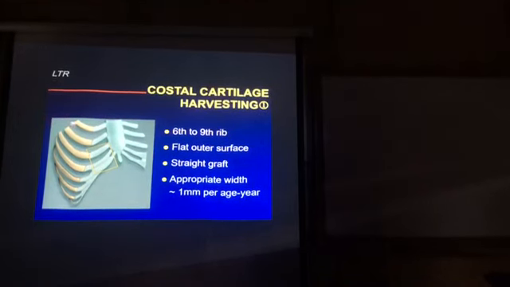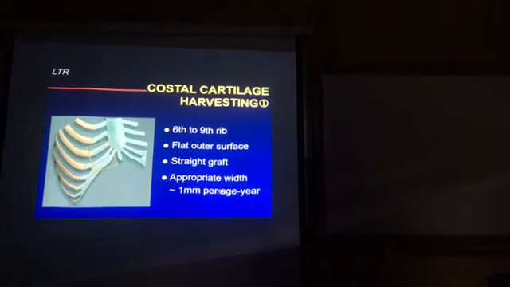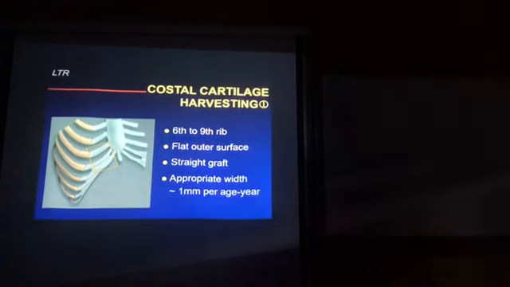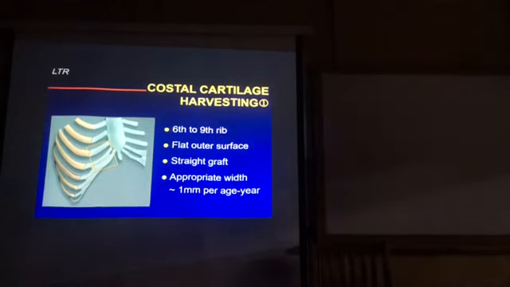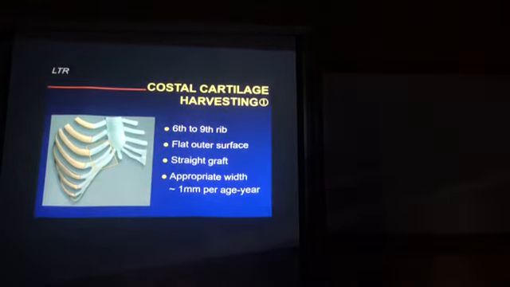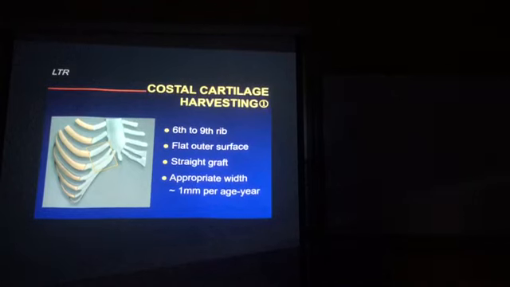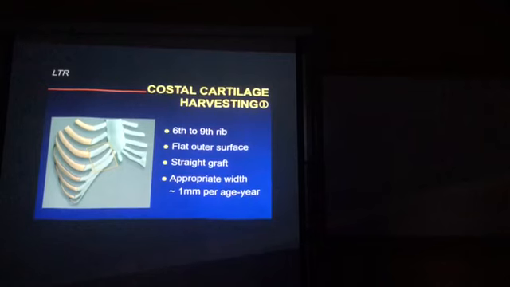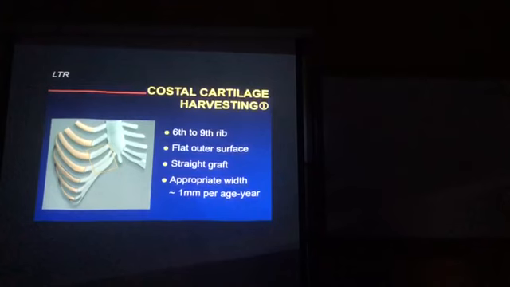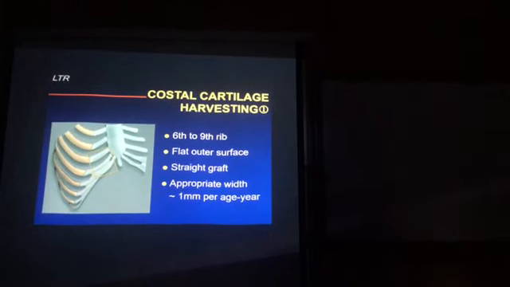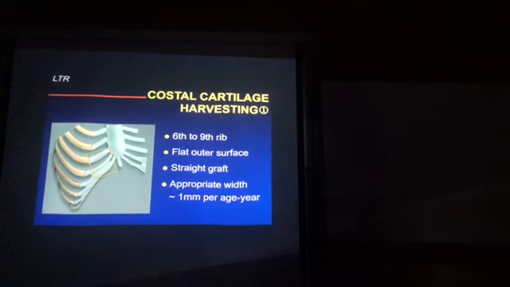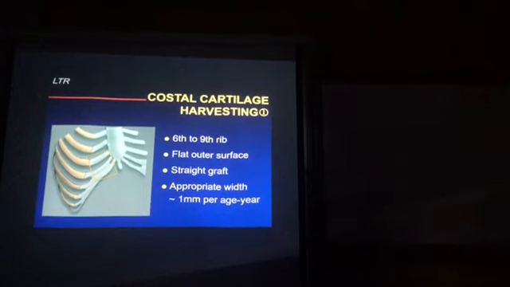You don't want to have a curved cartilage graft here, and the width is estimated to be about 1 millimeter per year of age. So it doesn't work very well. This is a rule of thumb that Robin Cotton established, but in the newborn, you cannot put just 1 millimeter. You start with a minimum of 4 to 5 millimeters, and you have an 8-year-old boy, you are trying to have an 8 millimeter width of your cartilage graft.